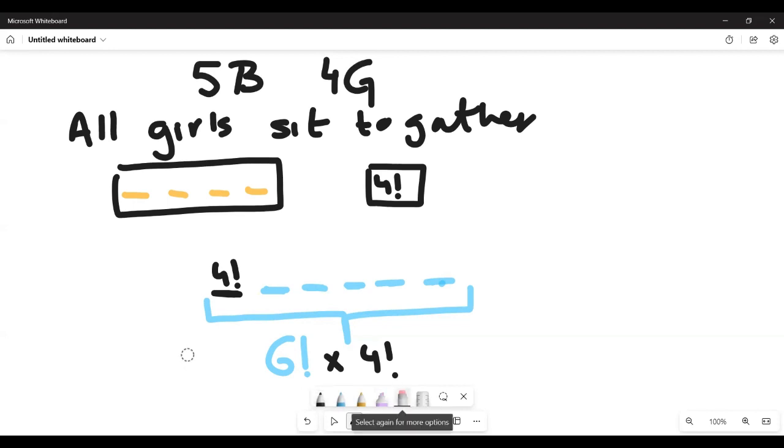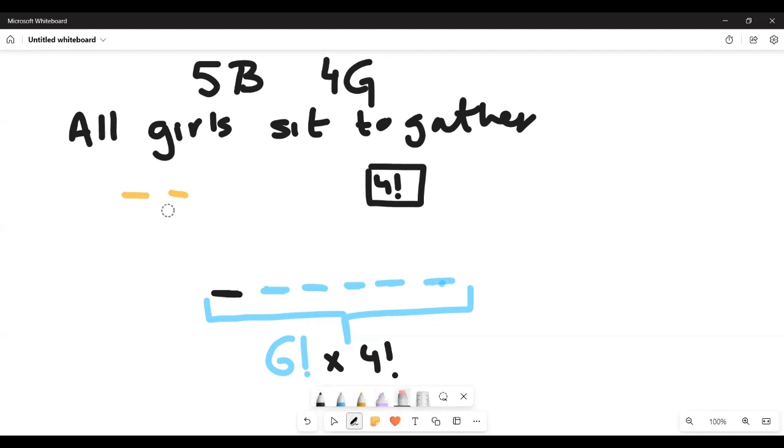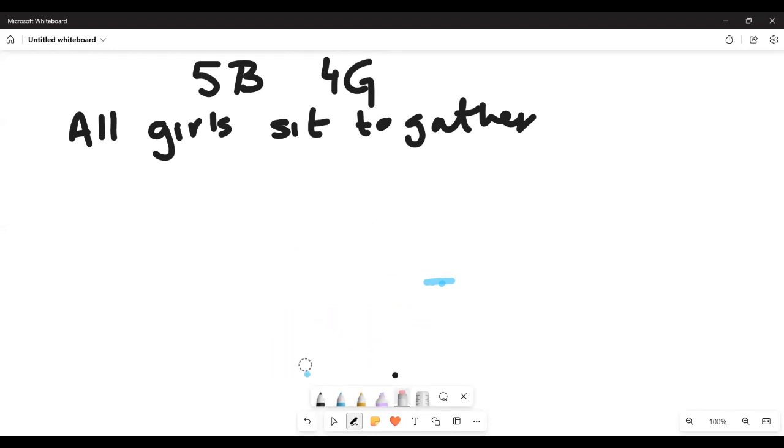Then there's a case that three particular students sit together.